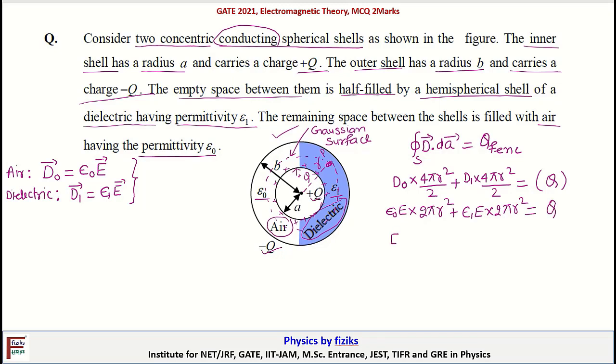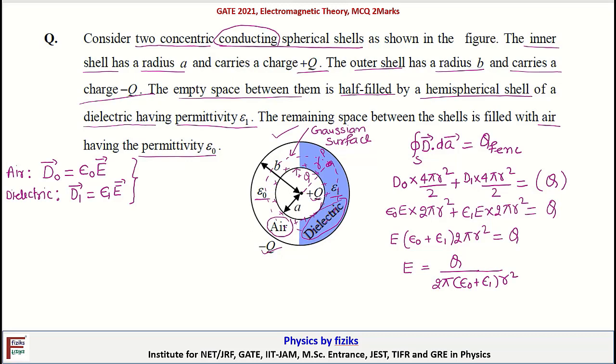Now we can write this as E times epsilon naught plus epsilon 1, times 2 pi r square. You can take common, that is Q. So E can be written as Q by 2 pi, epsilon 0 plus epsilon 1, r square.